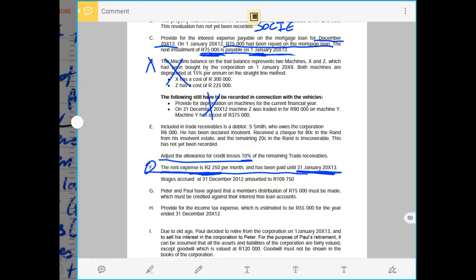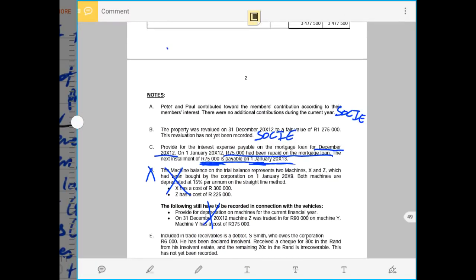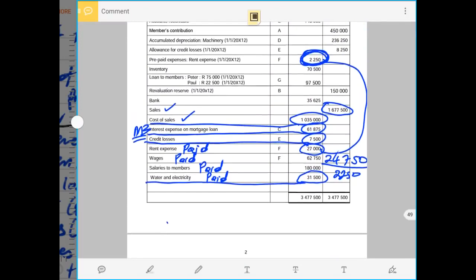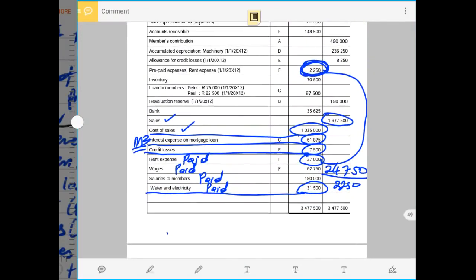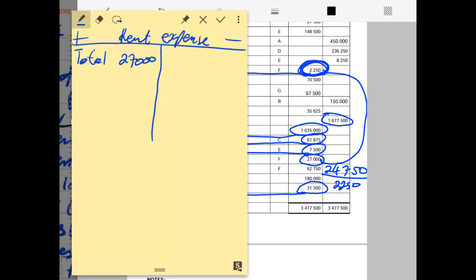And I told you that a reversal of prepaid expense must increase your expense in the current year. So that 27,000 will have to be recorded on the debit side of the rent expense. That prepaid is a reversal. So now we debit our rent expense by 2,250.